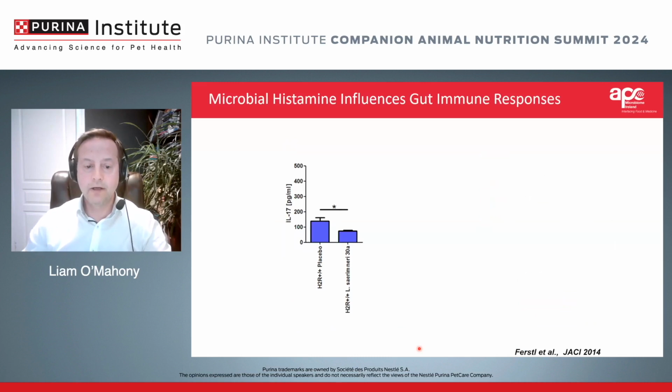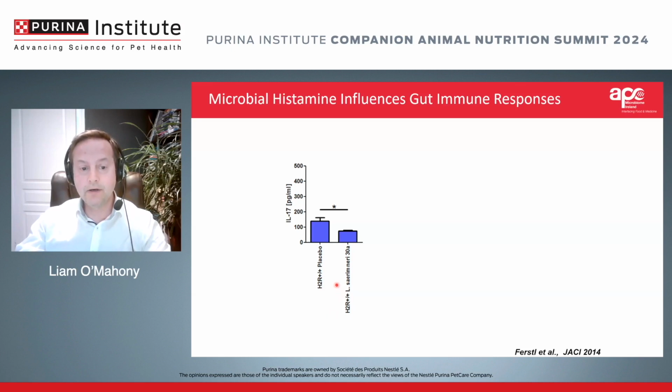So then we wanted to know if the bacterial-derived histamine could be having an effect on the immune system. The allergic responses are typically mediated via the histamine receptor 1 and 4, but the histamine receptor 2 is an immunoregulatory receptor. So we were a bit more interested in that one. And what we did here was in wild type mice, we fed them a lactobacillus that we knew was secreting a large amount of histamine.